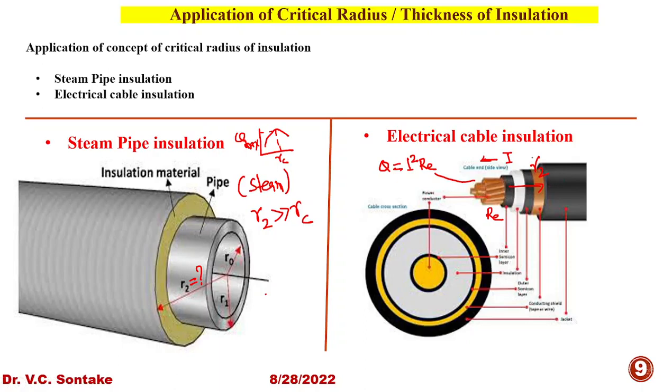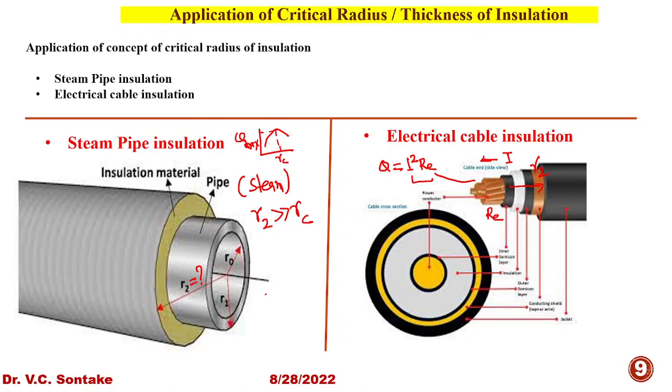This insulation over these electrical cables is provided to prevent the users from getting an electric shock. If the bare cable is used, the user may get an electric shock. The question comes, what should be the outer radius of this PVC insulation? Now, in case of electrical cable, this heat generated due to Joule's effect must be dissipated at the rate at which it is generated.